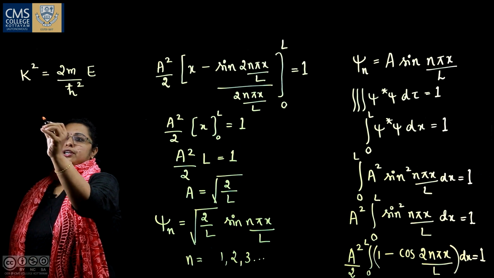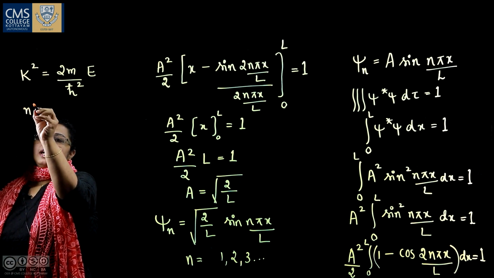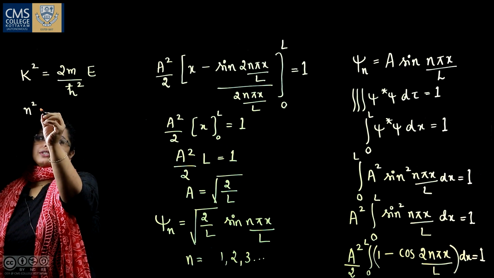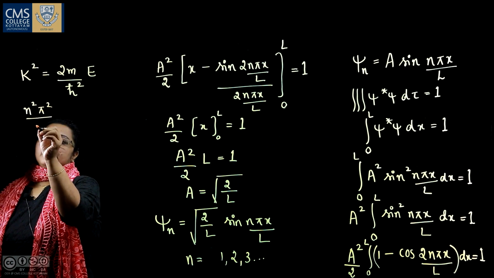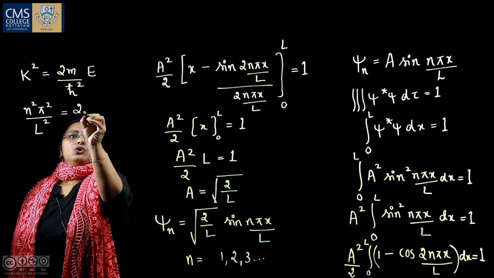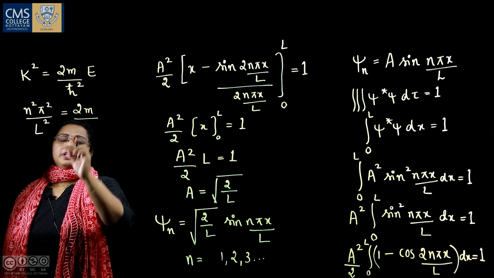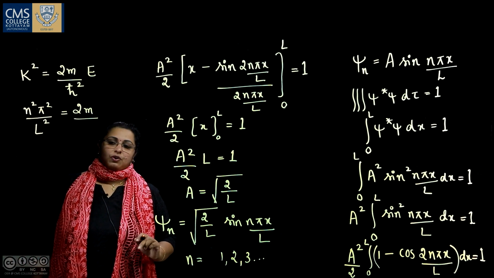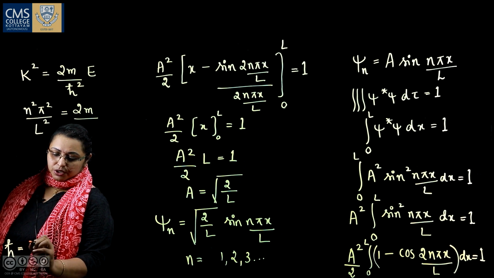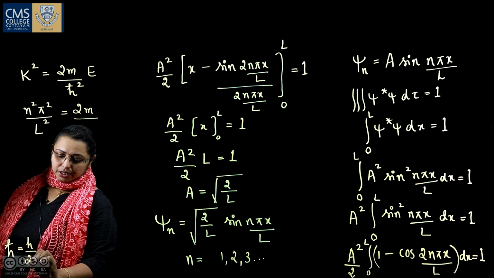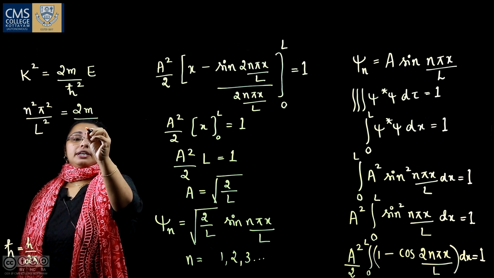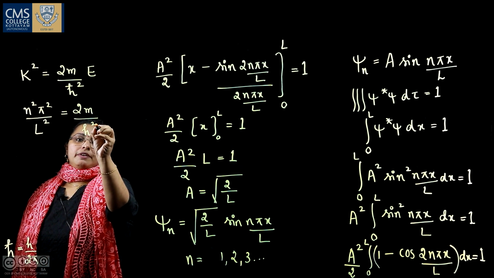Now, k you already know, it is n pi by L. So, n square pi square by L square is equal to 2m by h cross square E. What is h cross? h cross is equal to h divided by 2 pi. So, instead of h cross, I am writing h divided by 2 pi.